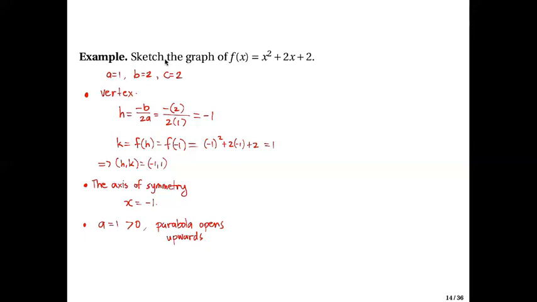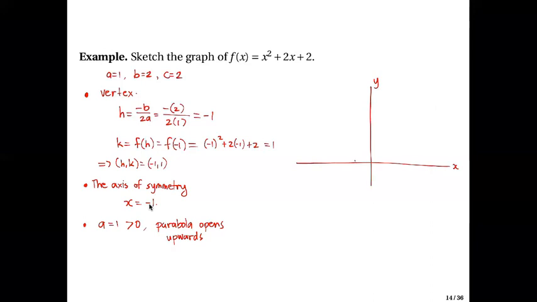Therefore, we can now have the graph of the function f based on these. Suppose this is your Cartesian plane. This is your x-axis. This is your y-axis. Then the axis of symmetry is x equals negative 1.